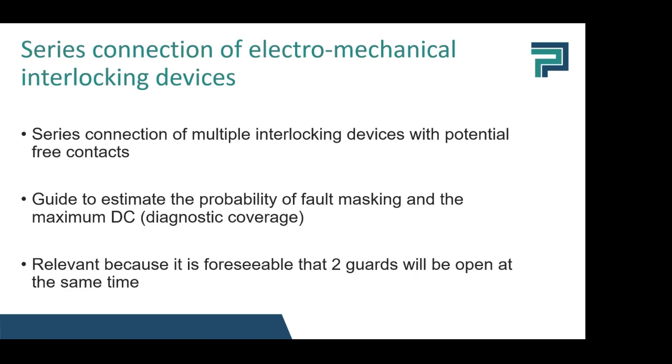This annex gives a guide to estimate the probability of fault masking and the maximum achievable diagnostic coverage with a series connection of interlocking devices. Why is this relevant for interlocking devices associated with guards? Because with guards, it's foreseeable that two guards will be open at the same time.